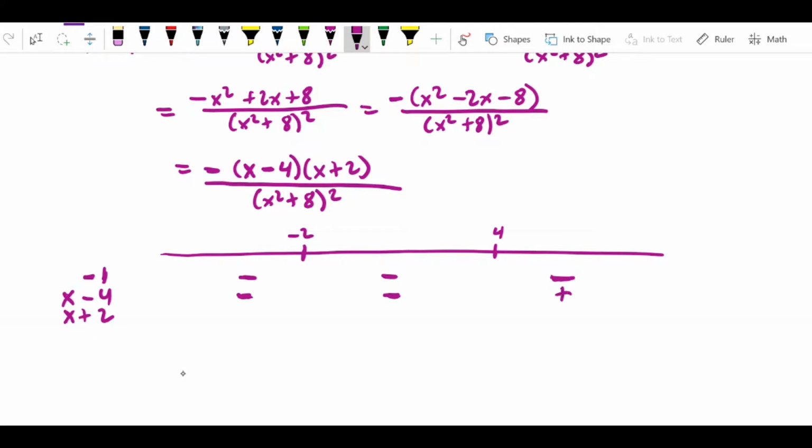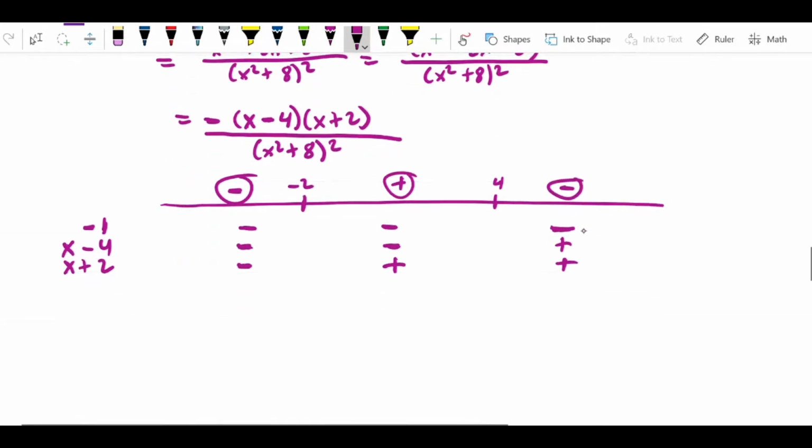The expression x plus 2 will be negative if x is less than negative 2, but if it's greater than negative 2, it will be positive. Because we have here the product of three negatives, this is going to be negative. Here we've got the product of two negatives and a positive, which is going to be positive, and here we have the product of a negative and a positive, which is going to be negative.